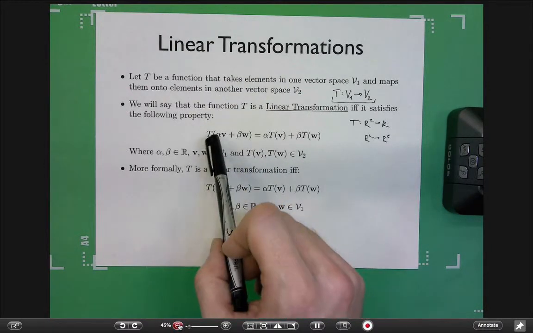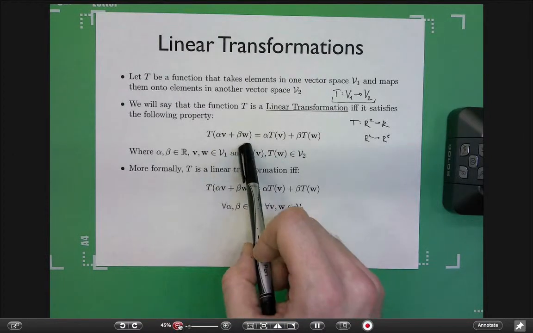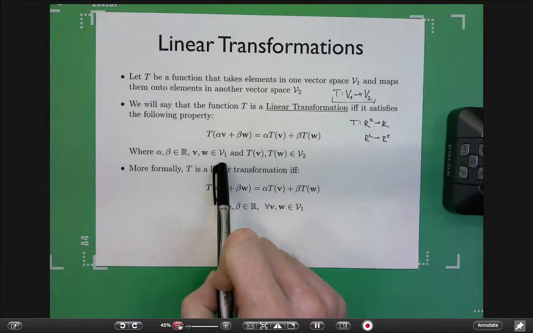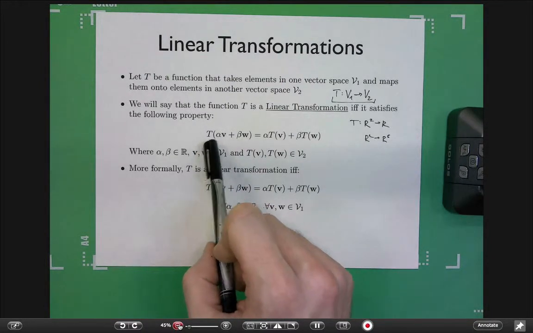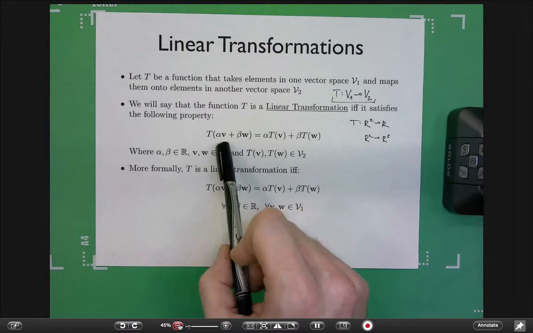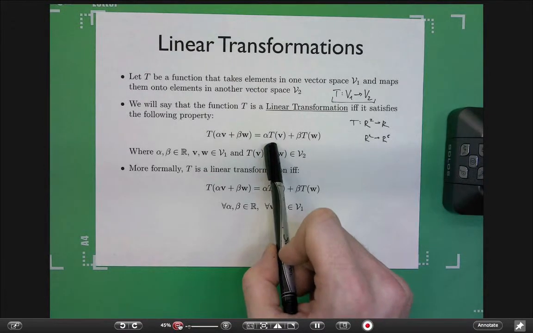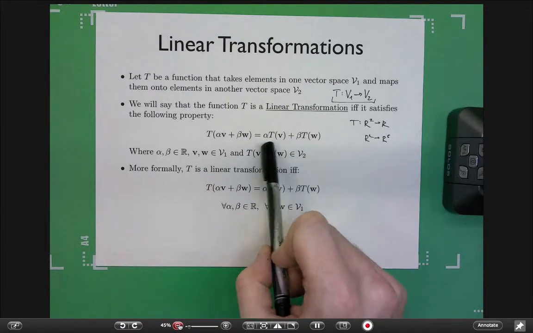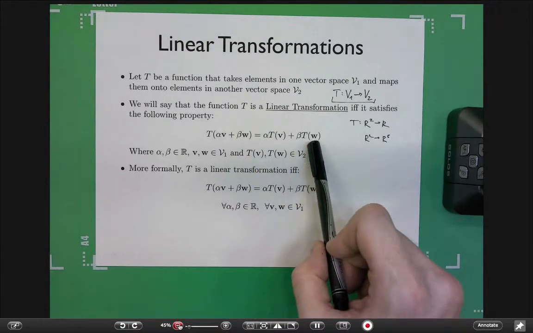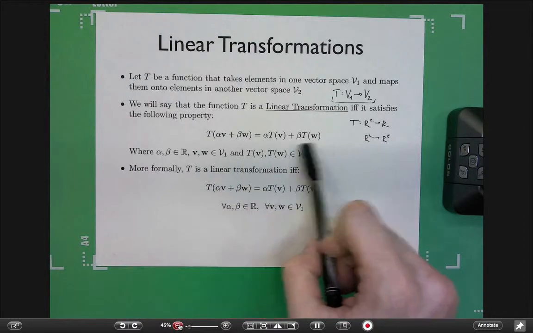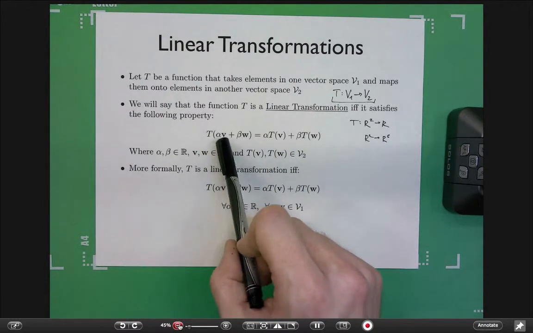For any scalar alpha, any scalar beta, and any vectors v and w from the first vector space, the application of T on the linear combination of v and w has to be exactly the same as first applying T on v and multiplying by alpha, applying T on w and multiplying by beta, and then summing together. So this is just a linear combination of the mappings of v and w.